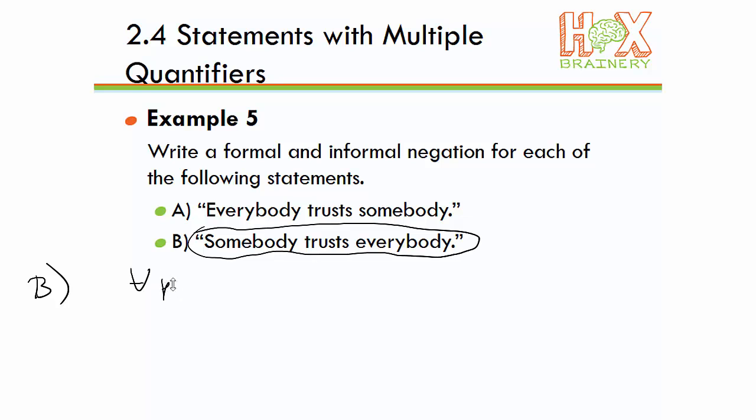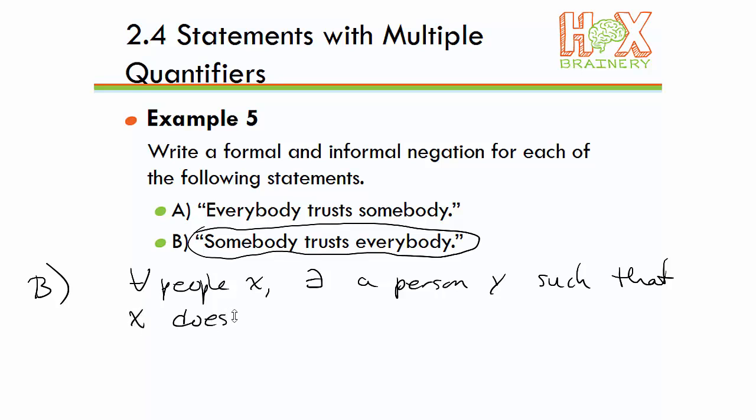So it's going to be for all people X, there exists a person Y such that, and then we're negating the property of trust, such that X does not trust Y. So that's the formal version.